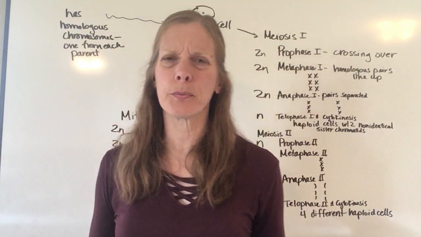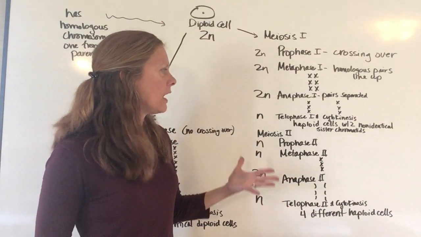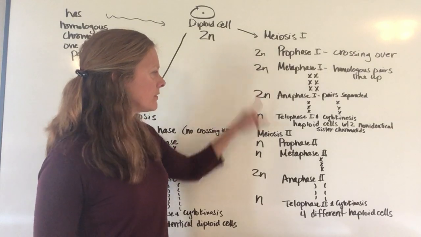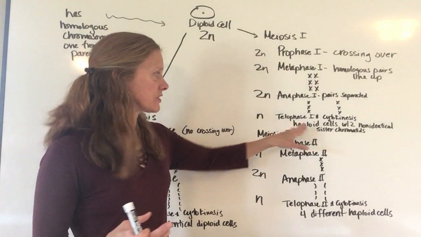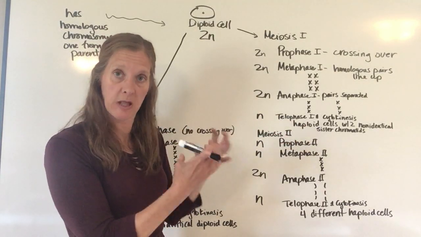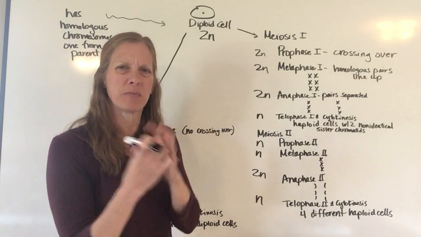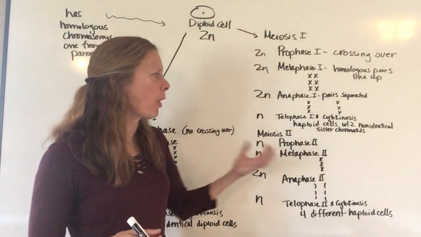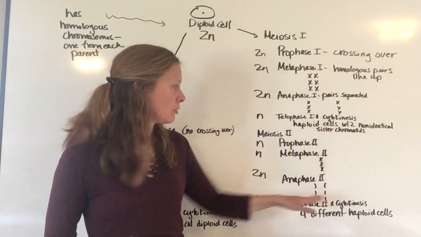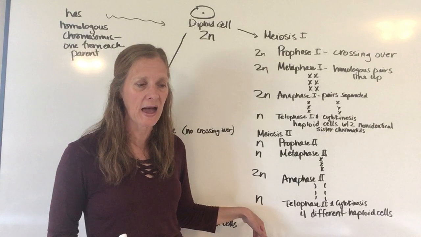Now, your book seemed to indicate that in a female, one of the cells that's produced here took all the cytoplasm, and that part's true, and then the other one is left with what's called the polar body. It doesn't have much cytoplasm, and there's not a whole lot there. Your book indicated that the polar body did not go through meiosis 2, and I'm not familiar with that.